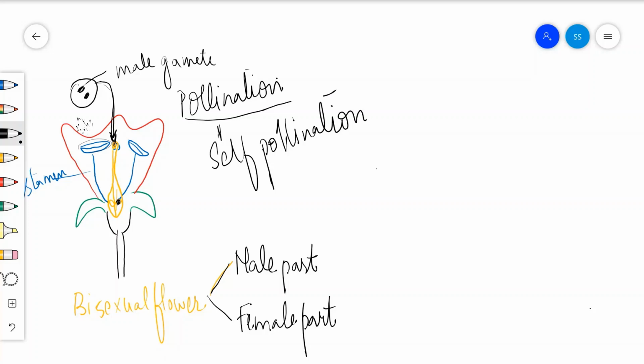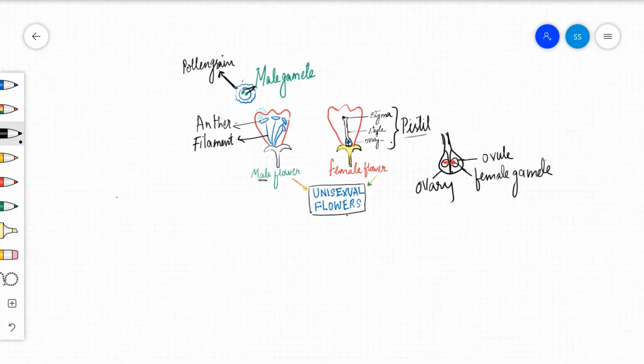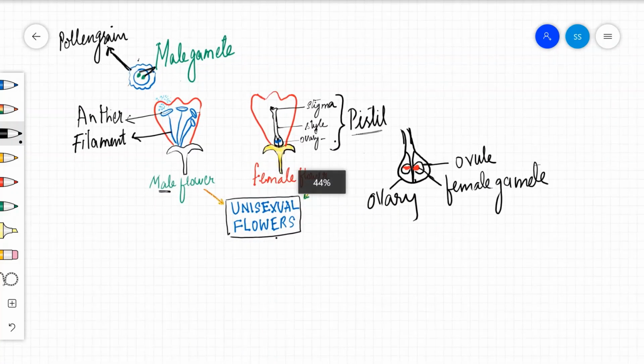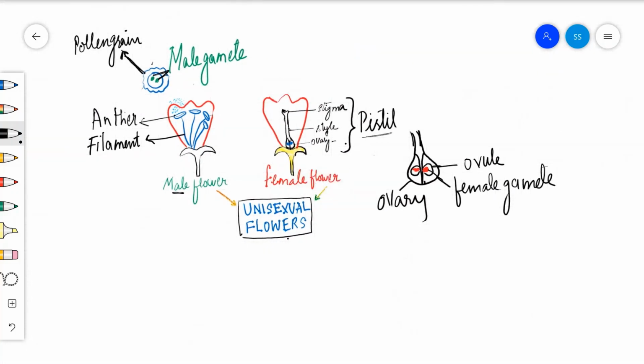Now there is another condition here. We can see two different flowers, that is the male and the female flowers, right? These flowers are known as unisexual flowers. Now in this case, self-pollination cannot take place as these flowers contain only one reproductive part, either male or female, either stamen or pistil.